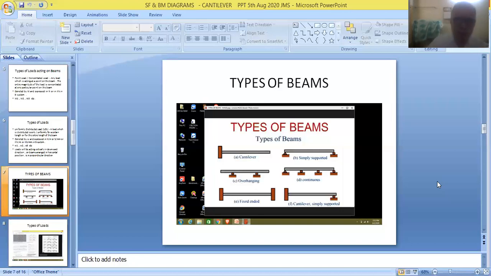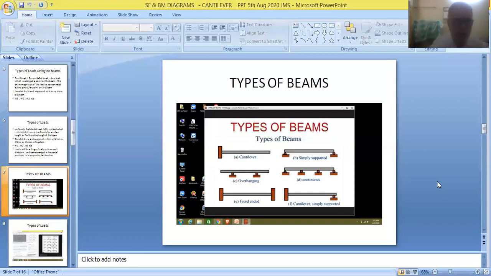If the length of the beam is extended beyond the end supports as shown in this figure, then it is called an overhanging beam. In some cases of overhanging, the extension is only on the left hand side. In some cases we see the extension only on the right hand side. In other cases, we see extensions on both sides.